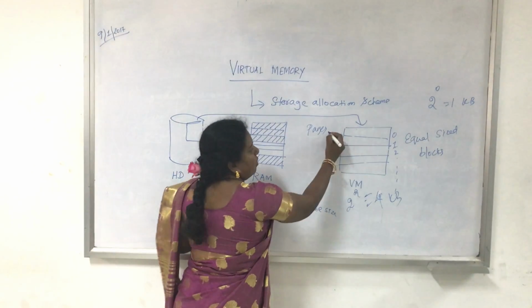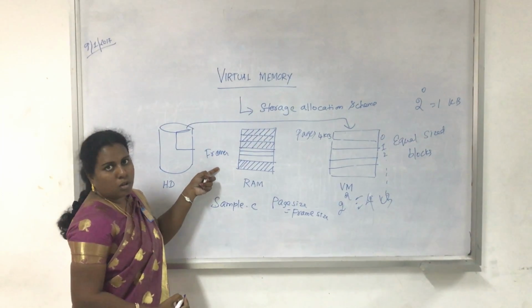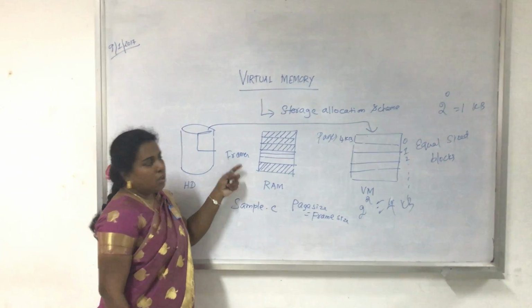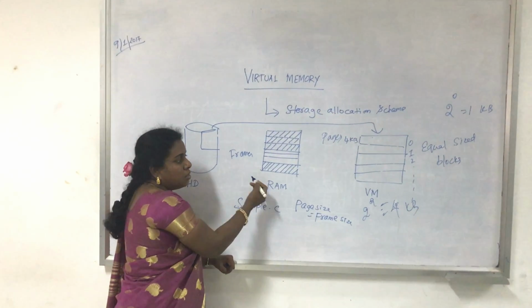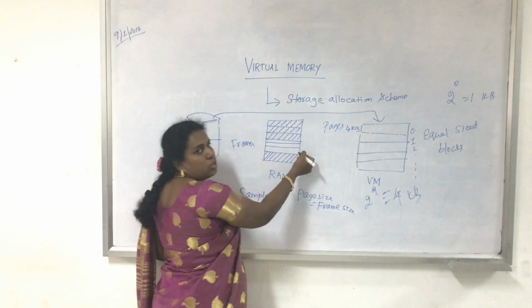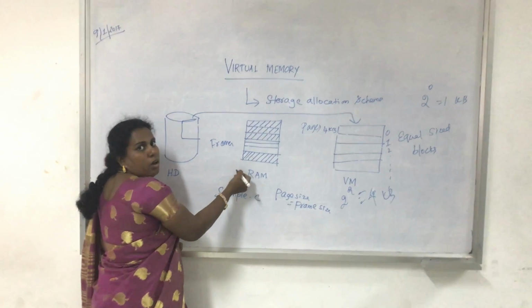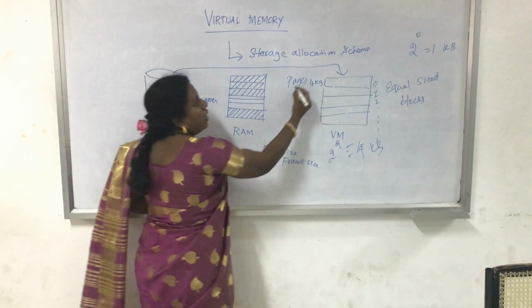If I take each page as 4 KB in size, each frame in RAM is also 4 KB. So a page can fit into a frame of RAM. In this way, the required data is present as pages and is moved to the RAM or main memory as frames. To maintain this mapping, addresses are generated.